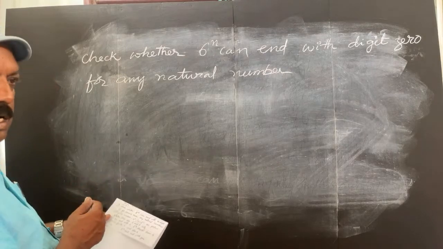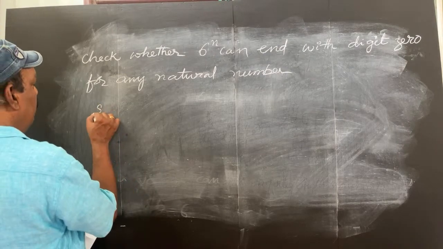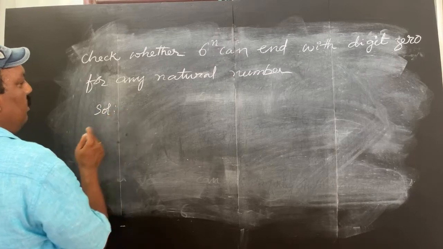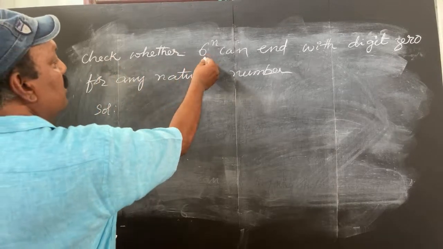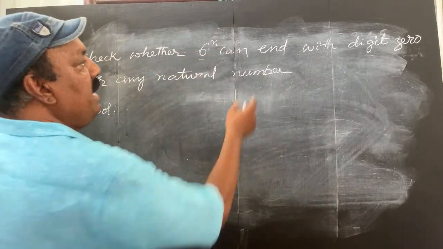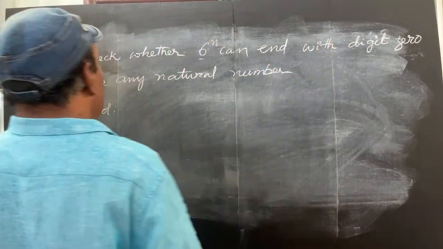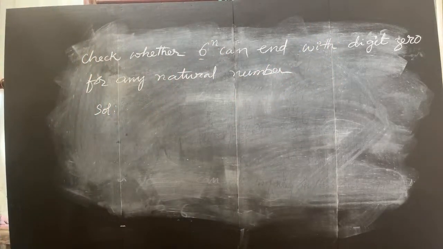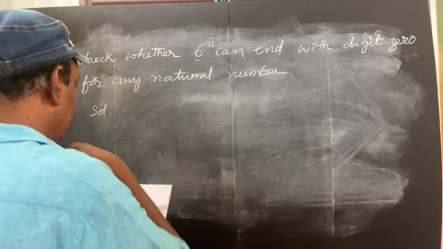Now, for this, I am giving the solution here. The question once again: check whether 6 to the power of n can end with the digit 0. Can end with the digit 0 is what we are discussing here.